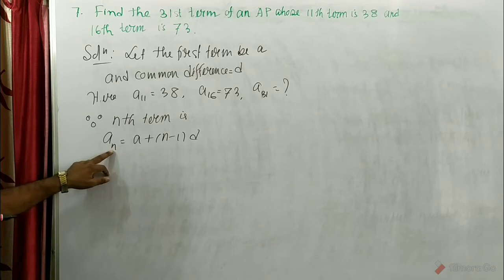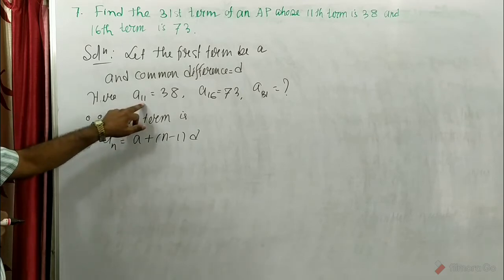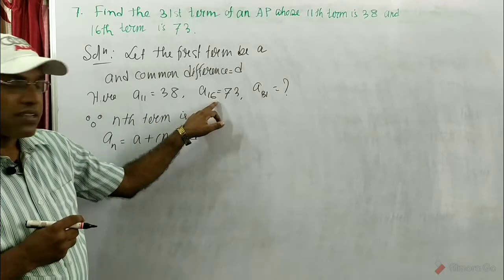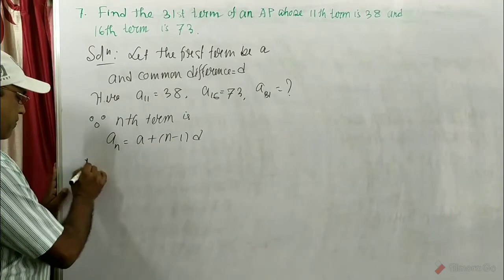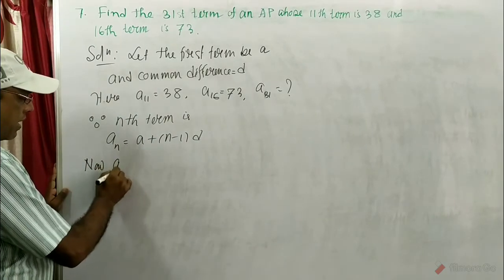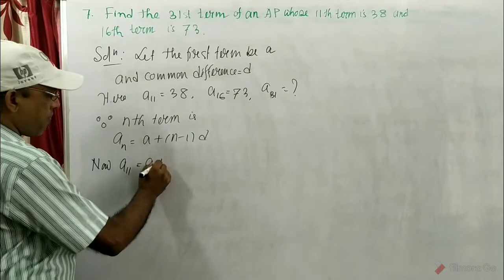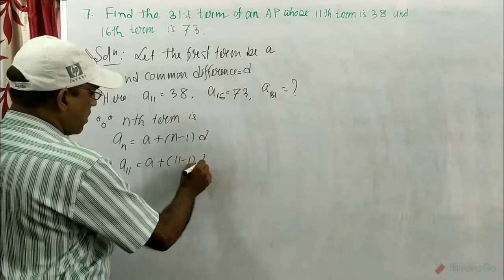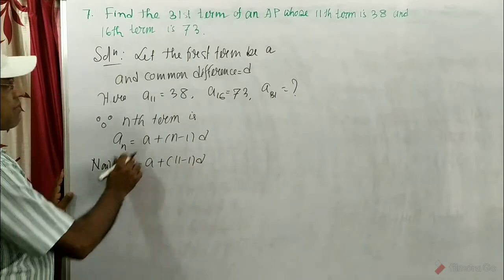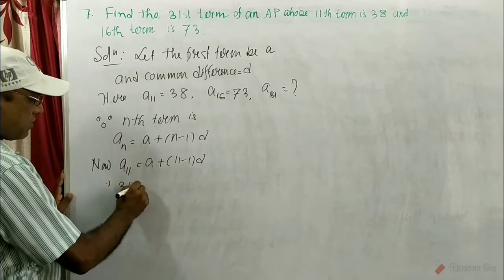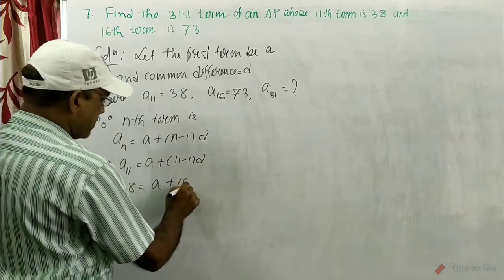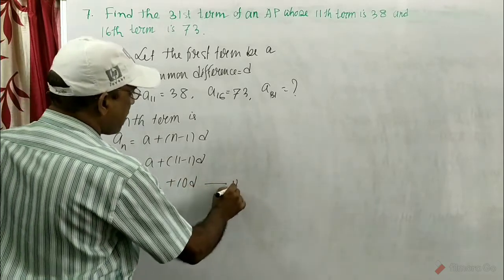Now putting n equal to 11 because the 11th is given, and 16 is given. So a11 is a plus (11 minus 1) into d, and a11 is given as 38, so this is a plus 10d. This is number 1.